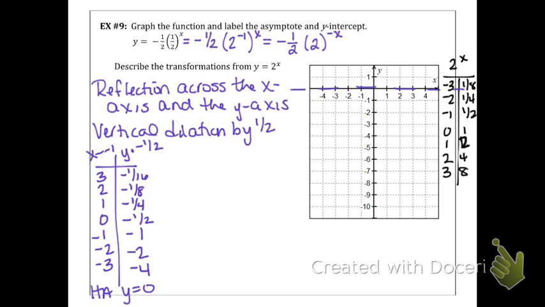I didn't catch that. My x's start over at 3 and -1/16. 2, -1/8. 1, -1/4. 0, -1/2. Alright, and so there is our graph.